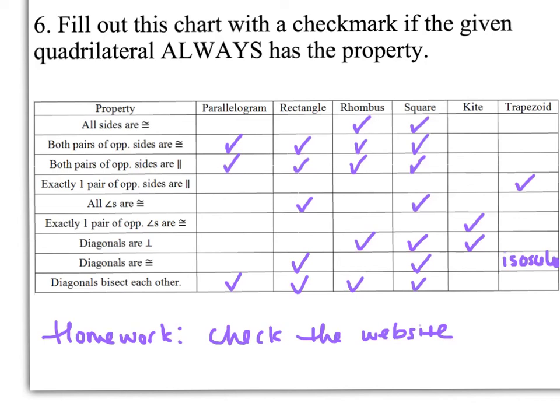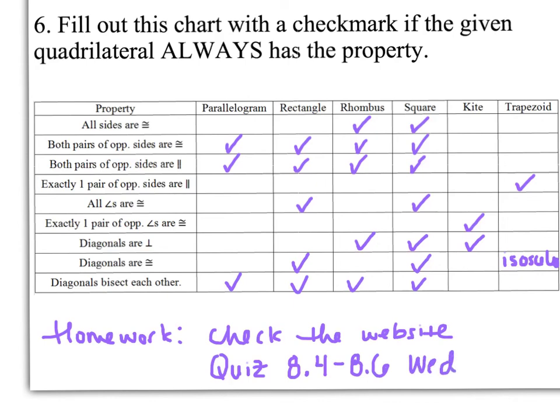And we will also have a quiz Wednesday, just a reminder, on 8.4 to 8.6. So it's about trapezoids and kites, rectangles, rhombuses, and squares, and then putting everything together.